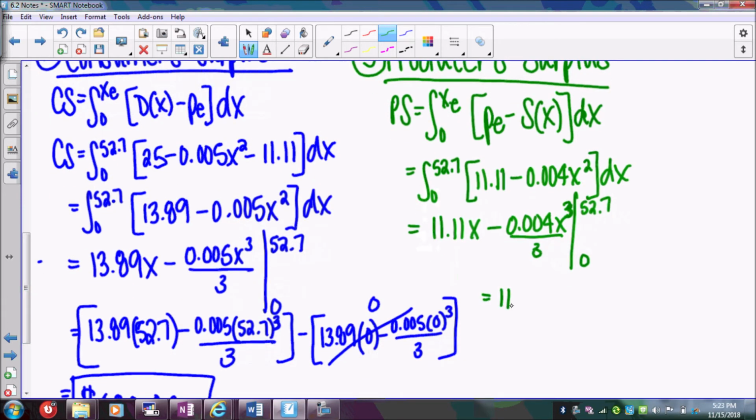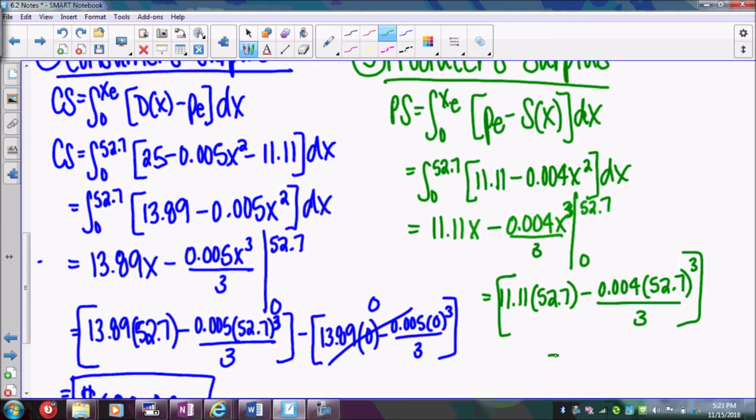So I have 11.11 times 52.7 minus 0.004 times 52.7 to the third, all over 3. And then from there, we're subtracting off, plugging in 0, which again, you're probably seeing that as that's just going to equal 0 because it's just a number times 0.